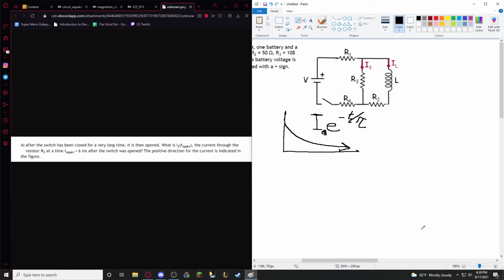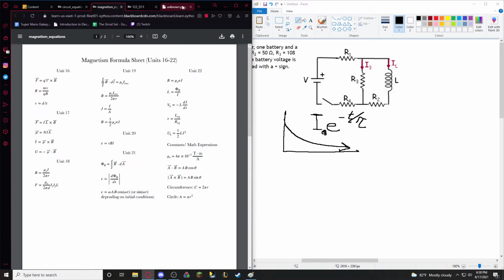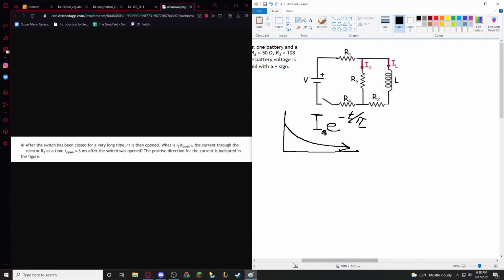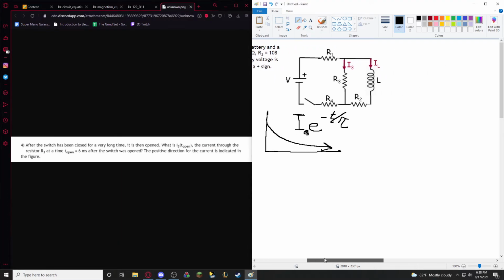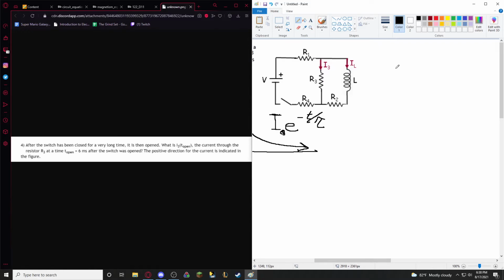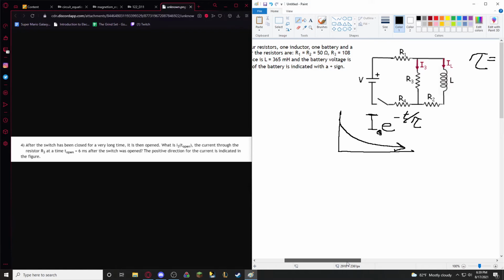Well, tau is equal to L equivalent over R equivalent. I believe we only need to worry about one L. So tau is equal to L over... And what is our R equivalent, our total net resistance?